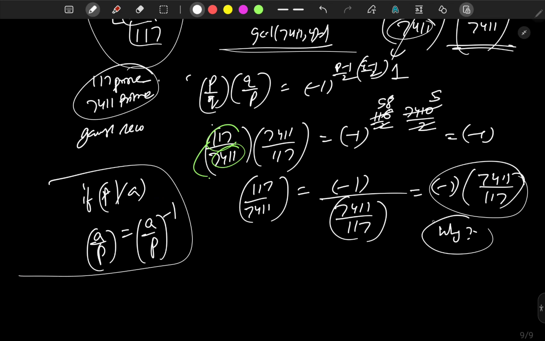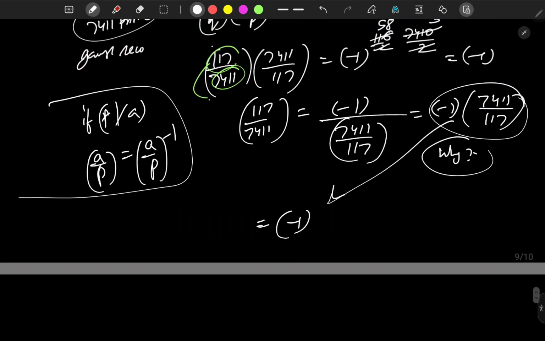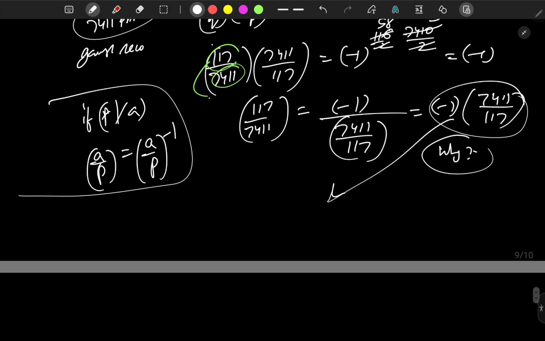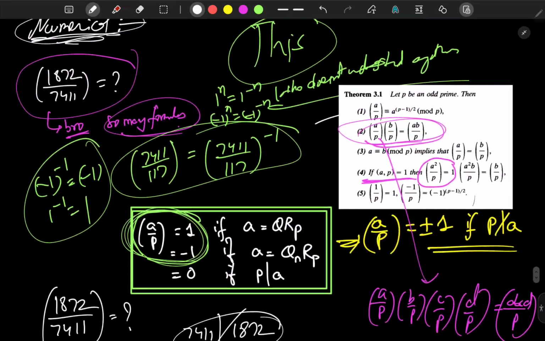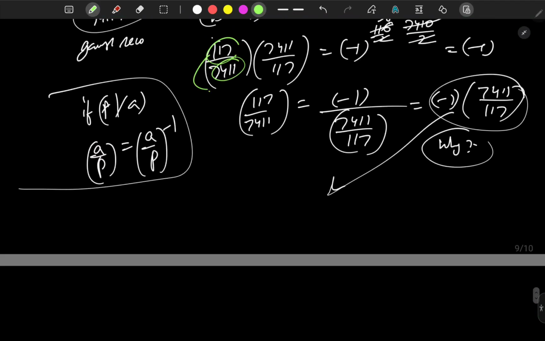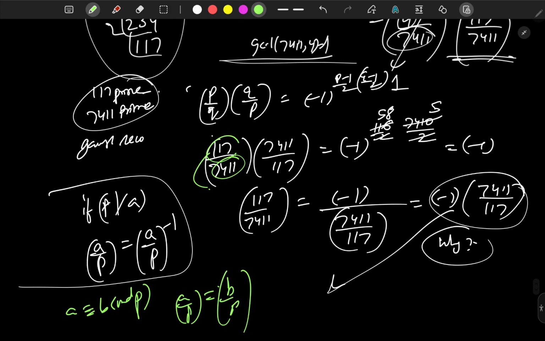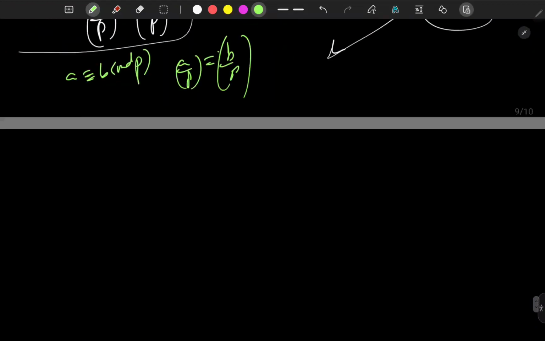Because of this I have written it like this. So from this we can write minus 1 into, again we have to use this property: if a is congruent to b mod p, then a by p is equal to b by p. Is that so? Yes.